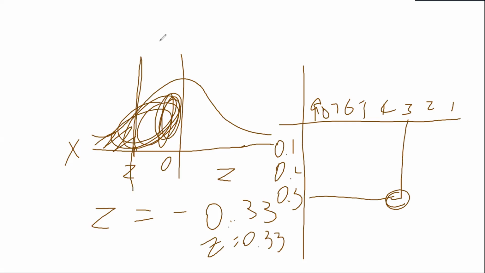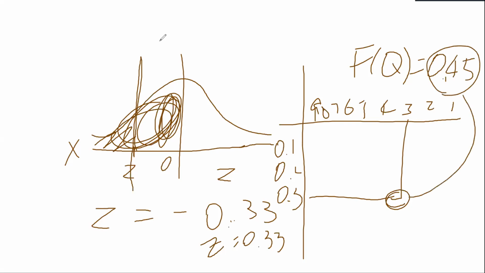But when you have f of q, or a critical ratio such as 0.45, this 0.45 is the probability, and you need to find the corresponding z value to figure out your q, because q is equal to z times sigma plus mu.